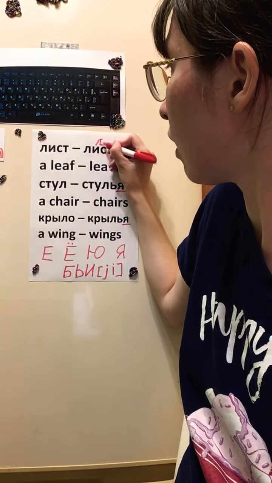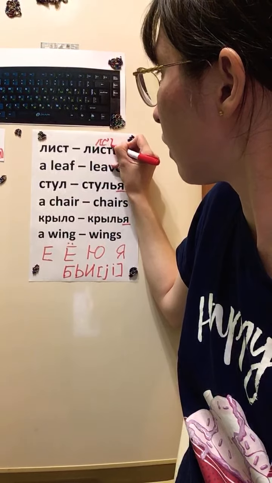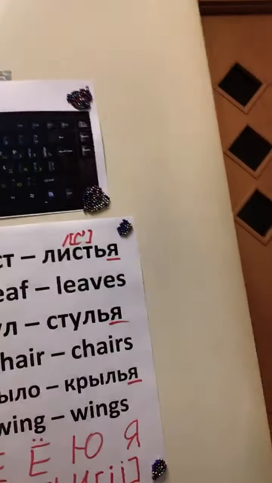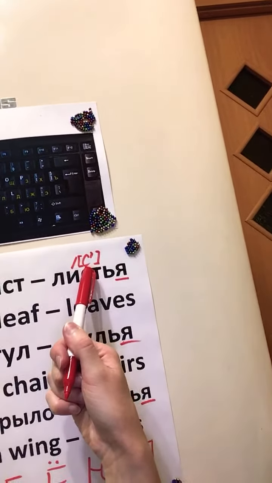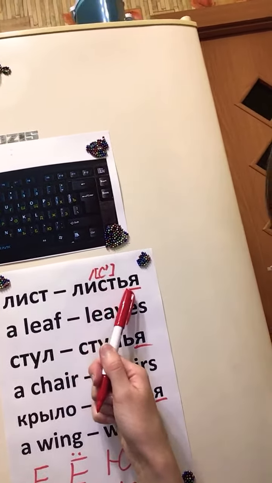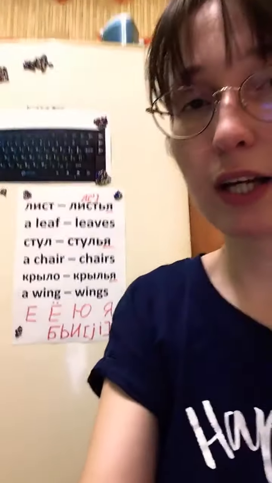So, I'm gonna write it like this. S becomes soft. Li, s, t, ya. Leaves. Listya. You can repeat after me. Just copy my pronunciation.